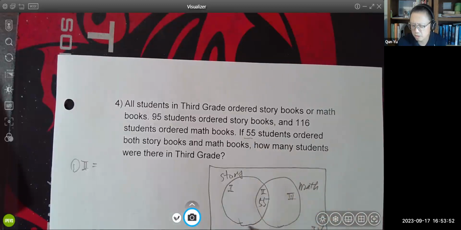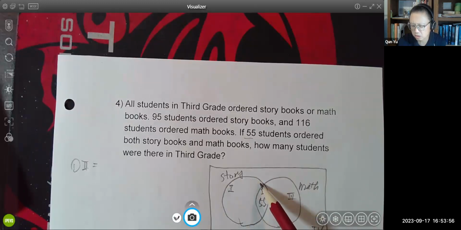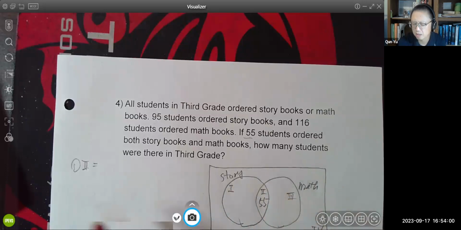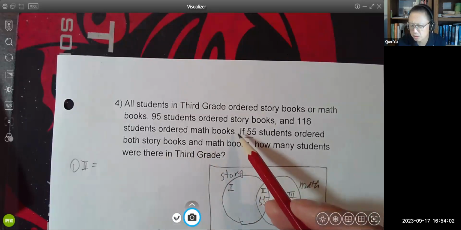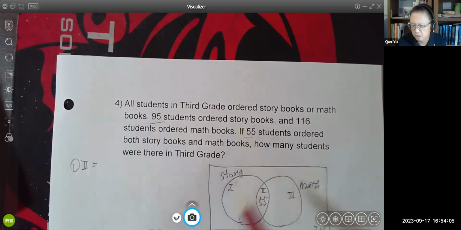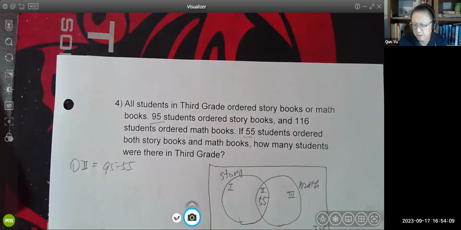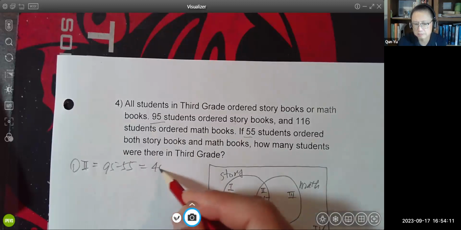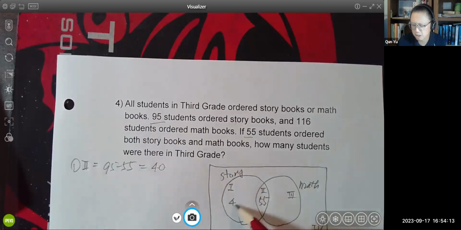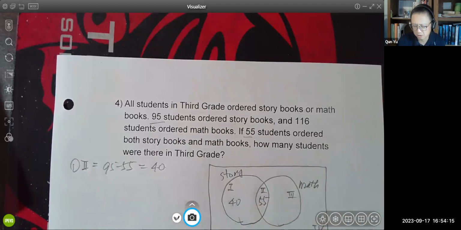And region 1 represents people who only ordered the storybook, which equals the whole storybook circle subtract 55. How many people ordered storybooks? 95. So 95 minus 55. Is that right? Yeah, that is 40. So that means 40 people only ordered storybooks.